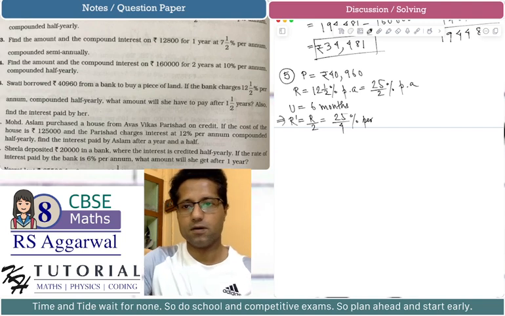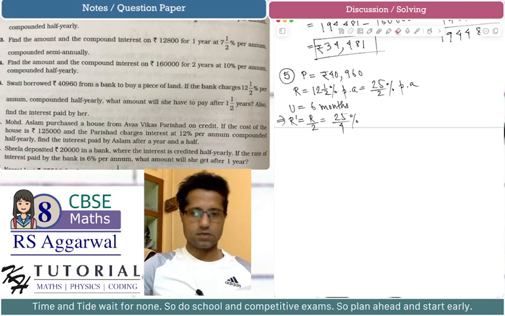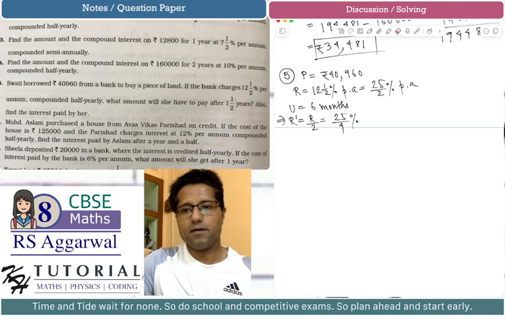R dash is basically the rate of interest for 6 months. And okay, so we need the value of small n and the fraction a by b.